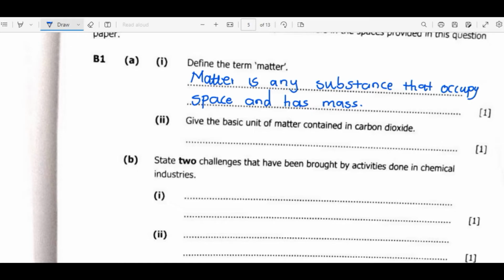So mass, we are looking at the total amount of matter present or contained in a substance, while space tells us the size or the volume of that particular substance.